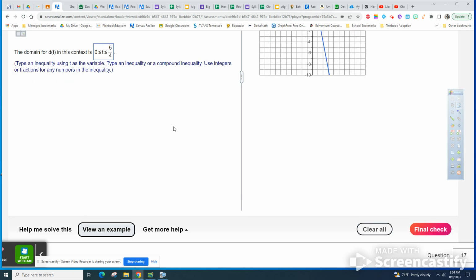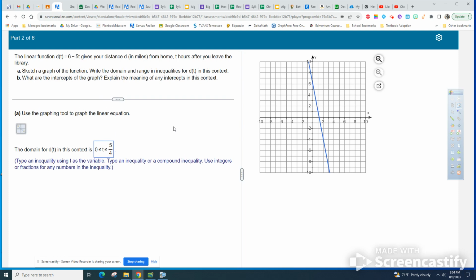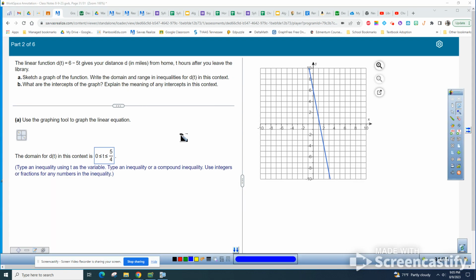All right, so this is what we're going to do to fix this problem. I'm going to take this equation and say, ooh, that's way too big.